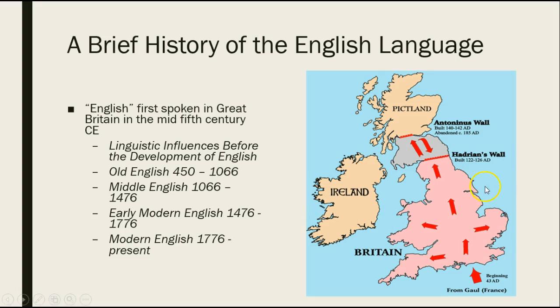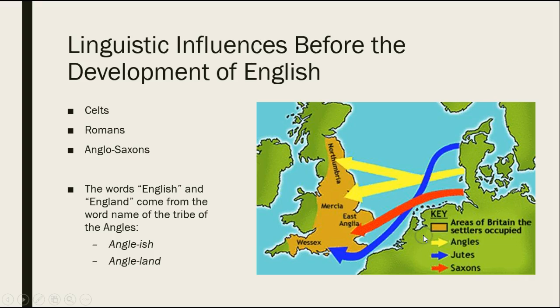You can see we have this lovely map, which shows pretty much England at the time of the Roman occupation. All right, so the first Indo-European occupants of Britain were the Celts. Britain was then conquered by the Romans and permanently occupied from the mid-1st century CE.